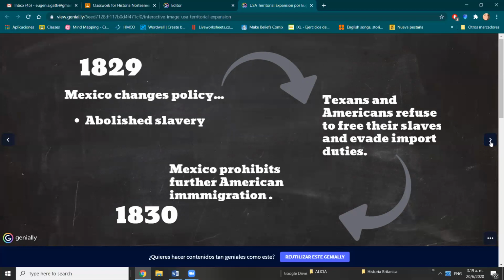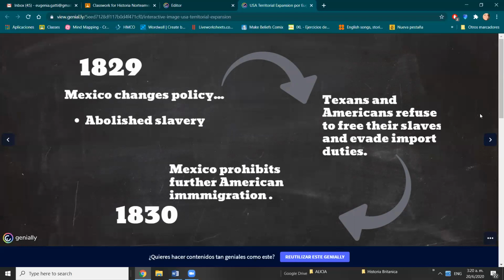So Mexico starts changing their policies as regards immigration, and they decide to put a limit to the power of these people, the Texans. So one of the first measures that they took was to abolish slavery in Mexico, including Texas, of course. But as we said, this was the basis of the economy of the province.